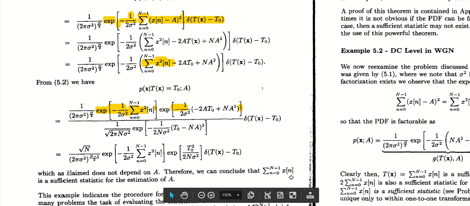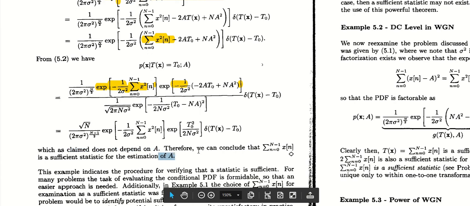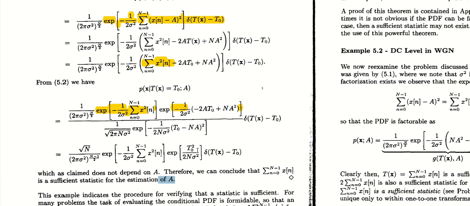So this does not depend on A, right? So eventually, what we know is that once we have information about the summation of xn, then it will be sufficient for A. Okay, so that is the example.